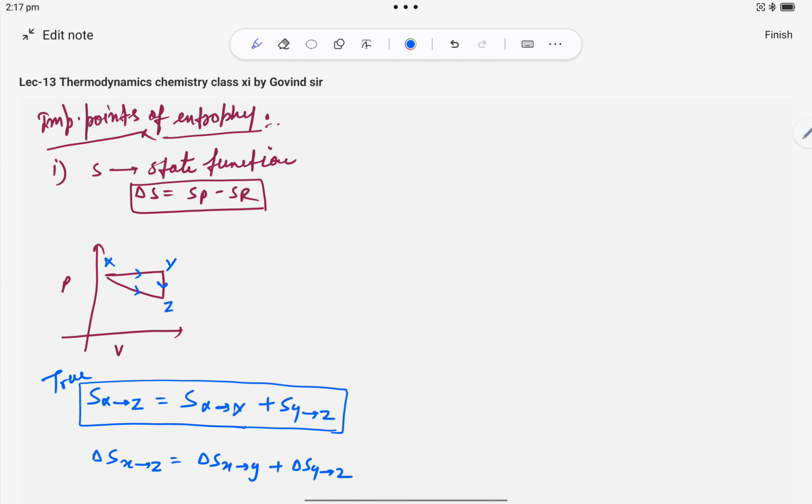X to z, so x to y and y to z. One more previous year question from the JEE only. Find, one process is given. A to C, C to D and D to B. Find delta S A to B.